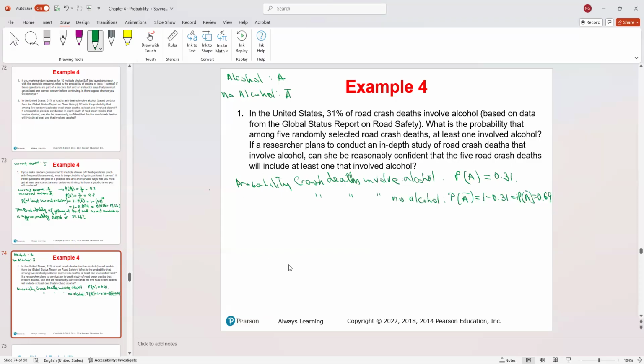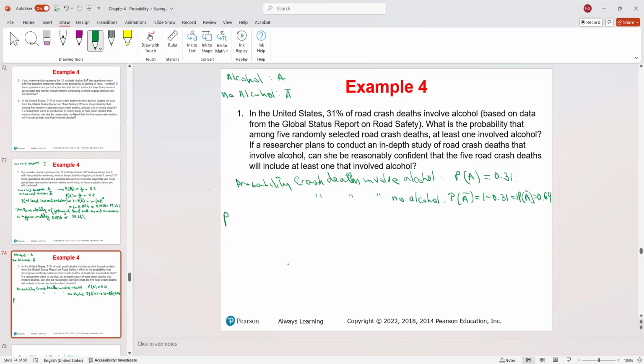Now that you know this, we want the probability that among five randomly selected road crash deaths, at least one involves alcohol. We're going to do exactly the same as before.